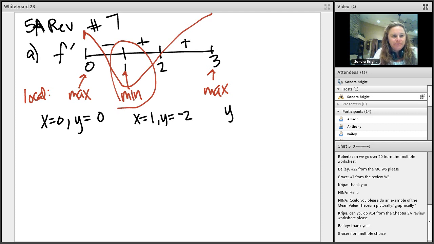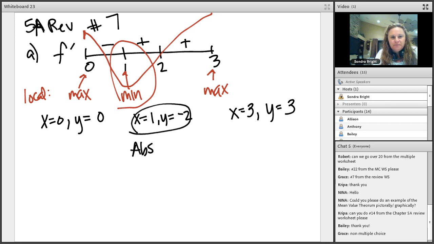And when x is 3, the table tells me y is 3. So this is your absolute minimum, which we already figured out, it's the only minimum that showed up here. So (1, -2) is your absolute min.